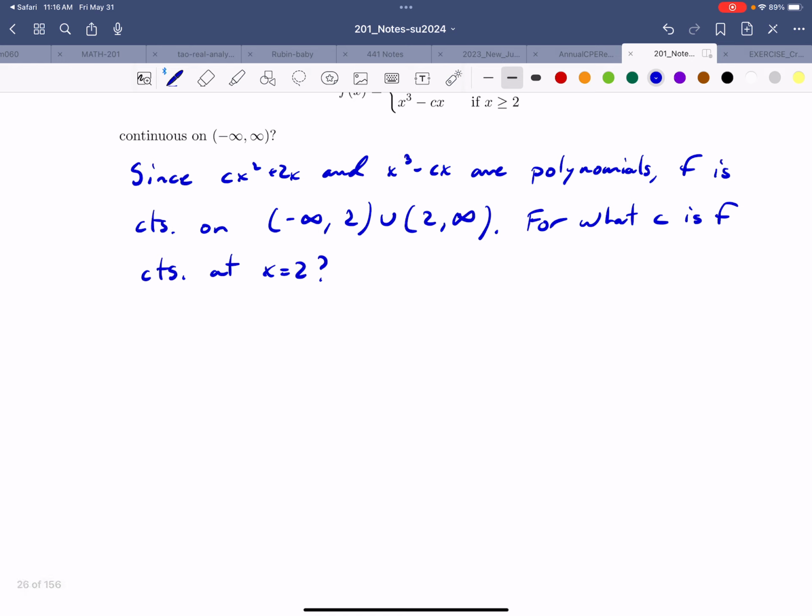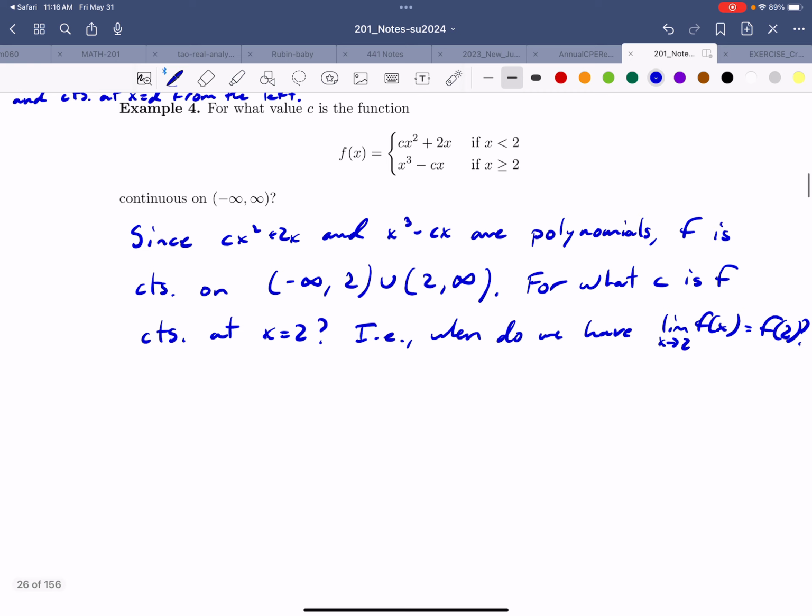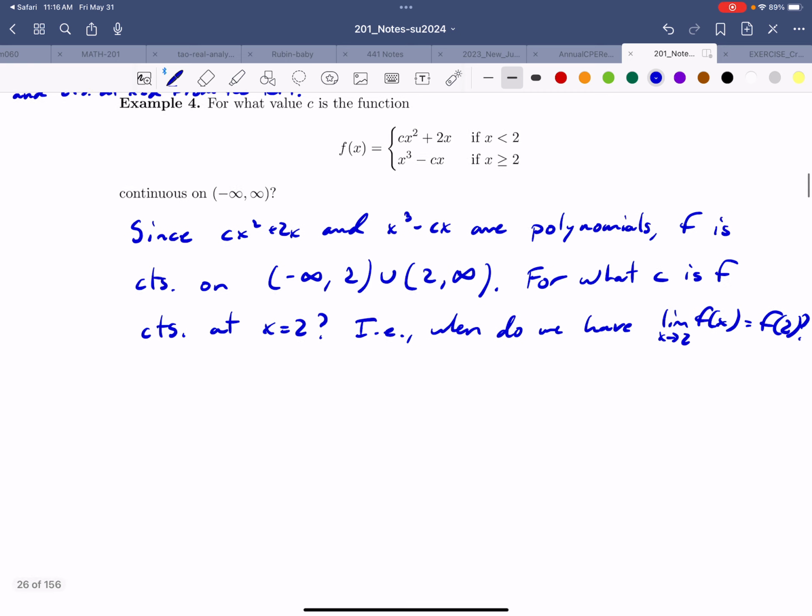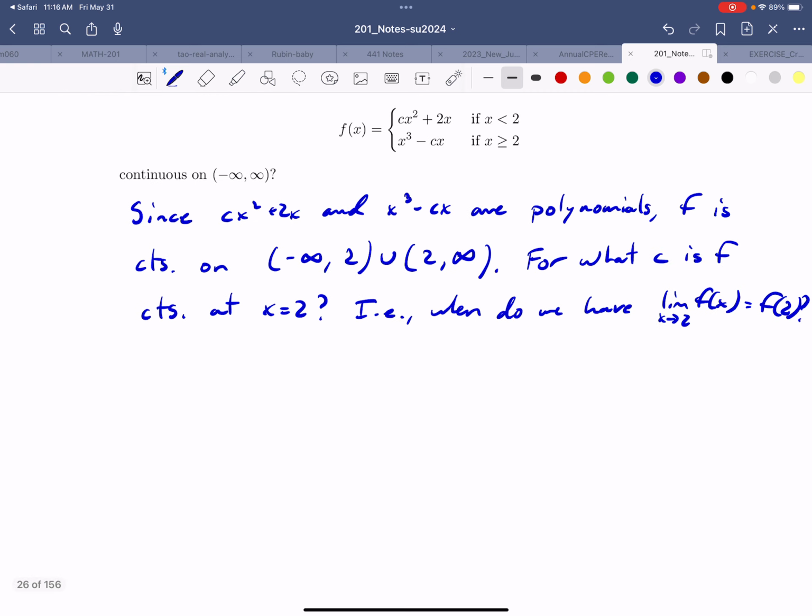So what do we need? I.e., when do we have that the limit as x approaches 2 of f of x equals f of 2? That's what we're looking for. Well, the limit as x approaches 2 of f is not a thing for a piecewise function.